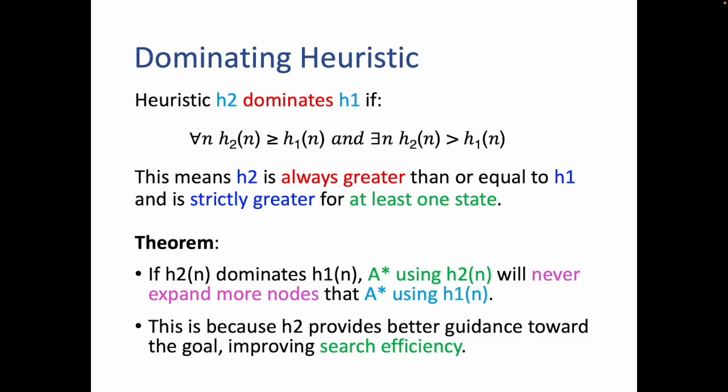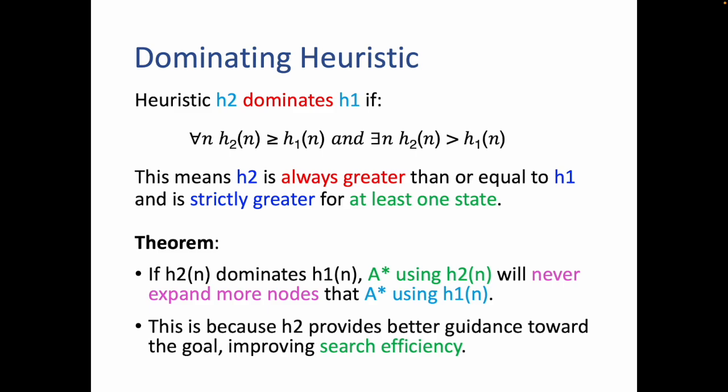Which one is a better one? The one that is bigger, right? Because it is closer to the actual cost. So that is why H2 is the dominating heuristic if it is greater than H1.